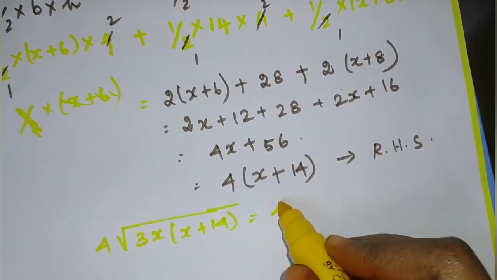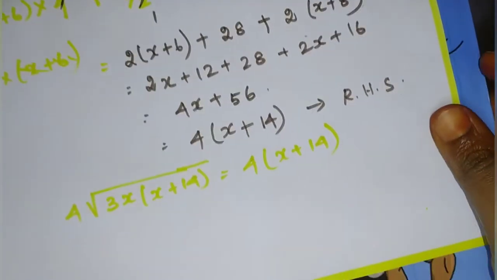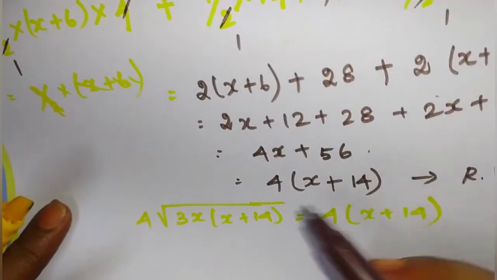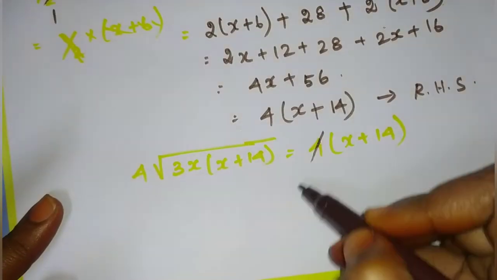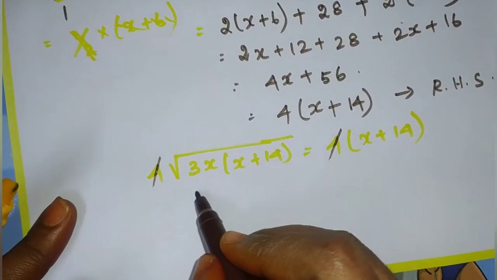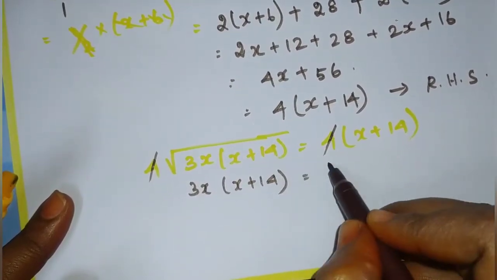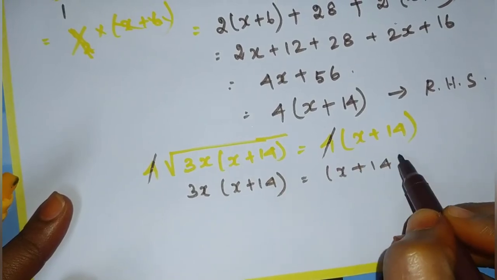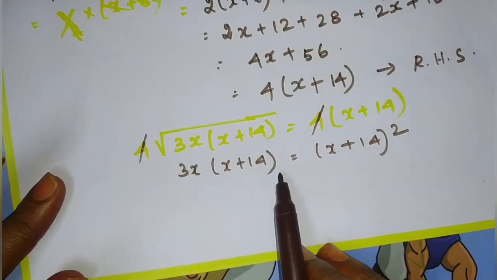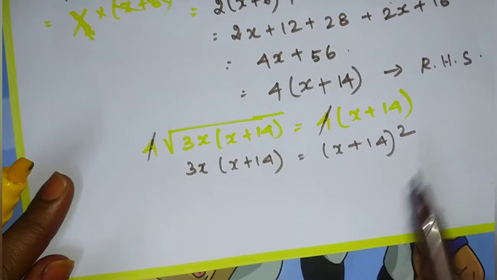Area of the three triangles, that is RHS, is 4 into x plus 14. Now we can cancel here 4. And the root I am going to shift there. So 3x into x plus 14 is equal to x plus 14 the whole square.